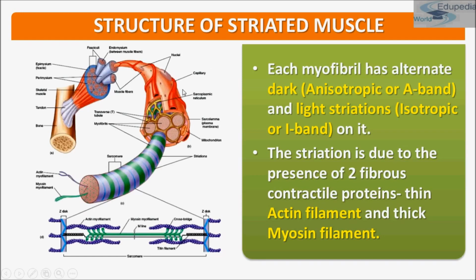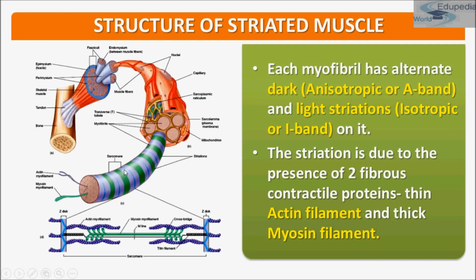That means blood capillaries are present that supply blood to the skeletal muscles, and they have numerous mitochondria also. Now if we zoom in again, we'll see that sarcomeres are present in it. A sarcomere is the distance between two Z lines.